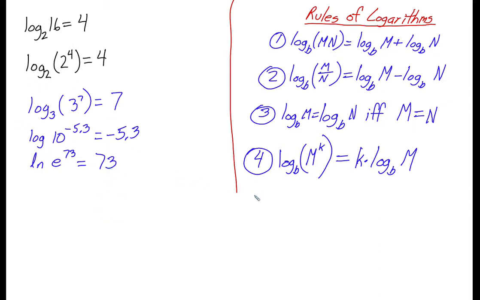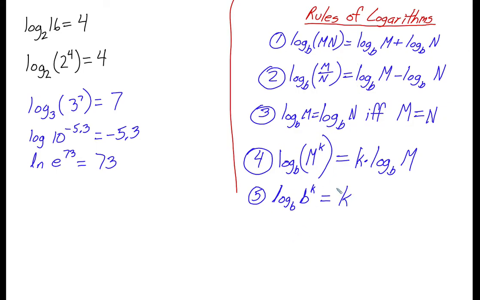We might even think of this as a new rule for logarithms, that the log base anything, we'll just call it b, b might be 2, it might be 3, it might be 10, it might be e, of that same base b to some power, we'll call that power k, is equal to k.